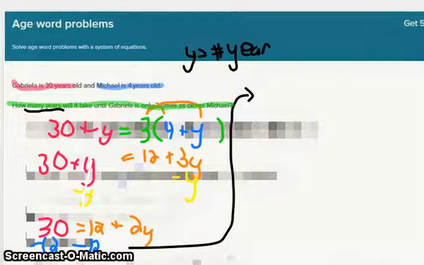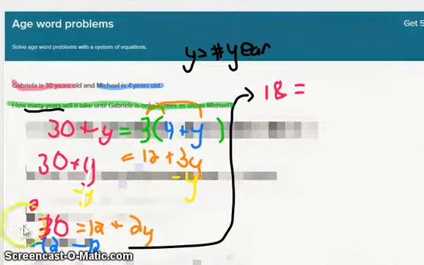So 30 minus 12 is, let's do this, 0 minus 2, bring over, 2 minus 1 is 1, 18, equals, 12 crosses out because 12 minus 12 is 0, 2y.